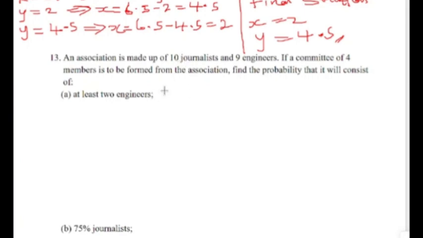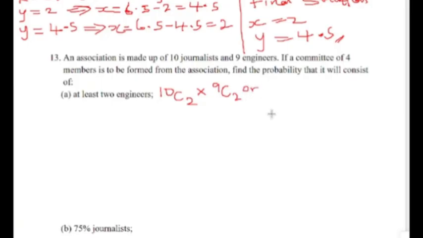So that would be 10 combination 2 for the journalists times 9 combination 2 for the engineers. Okay, this is one possibility.